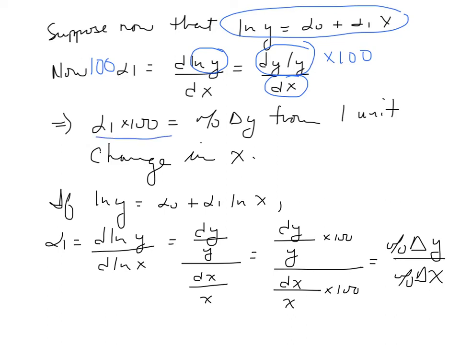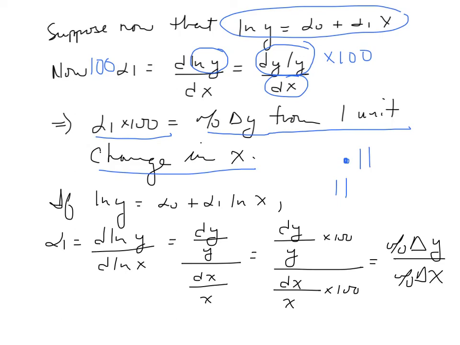Alpha 1 times 100 is equal to the percent change in y that results from a 1 unit change in x. Okay? So if I were to get an alpha 1 equal to 0.11, what would that mean? When I multiply it by 100, I would get 11, and that would be the percentage change in y from a 1 unit change in x.